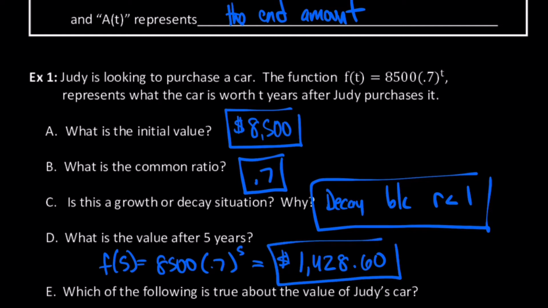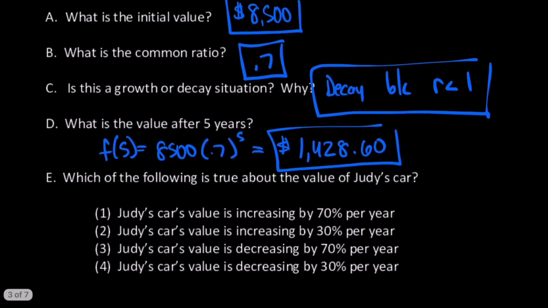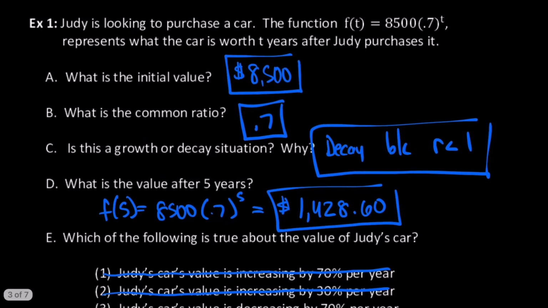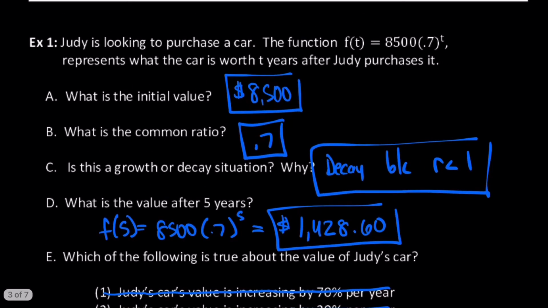Now, here's the tricky part. Which of the following is true about the value of Judy's car? So remember this right here. Judy's car's value is increasing by 70% per year. Well, we already said it's decay, so anything that involves increasing, I know is not true. So here's the question. Is the car's value decreasing by 70% per year, or is it decreasing by 30% per year? Well, remember what this means.